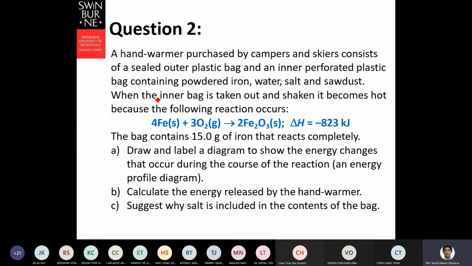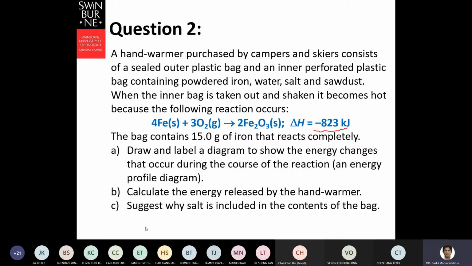In the hand warmer, a chemical reaction goes on inside: iron and oxygen react together and become ferric oxide, and that is how it produces a lot of heat.